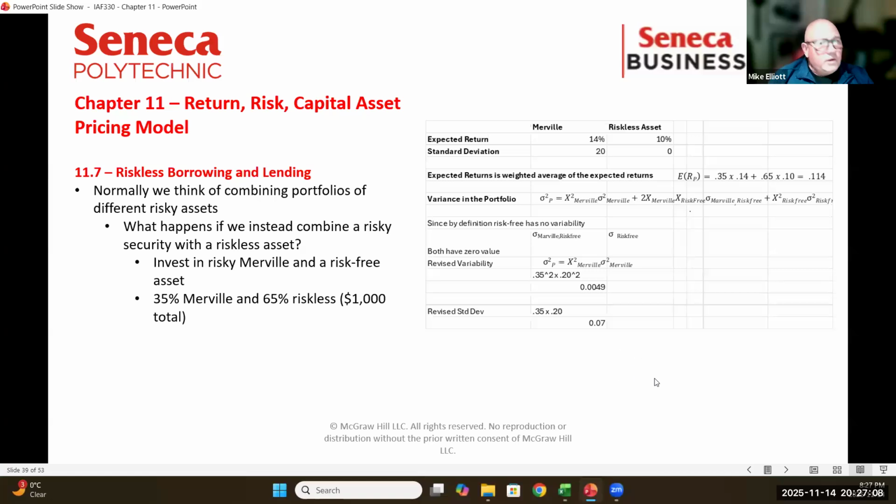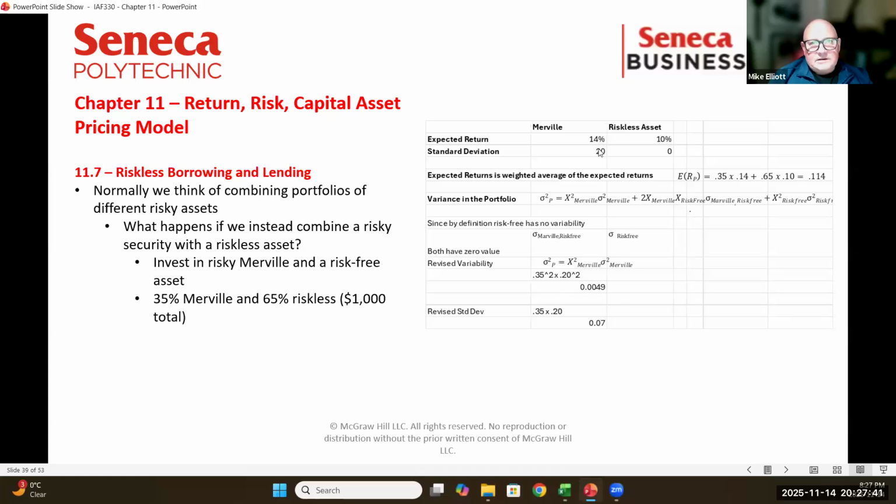So our portfolio created by 35% Merval and 65% riskless assets is going to have an expected return of 11.4%. That's 35% of this and 65% of that. Since this has 0 standard deviation, it gets rid of half of our equation. So all we're really concerned about is the 35% of Merval.